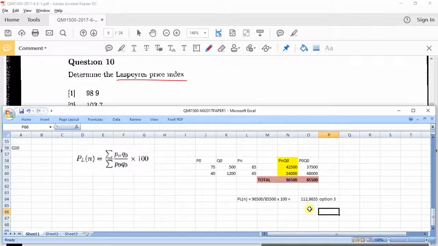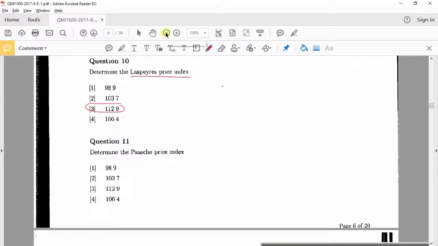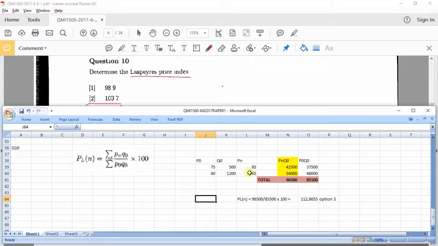Option 3, you round it off. That's how you do it.